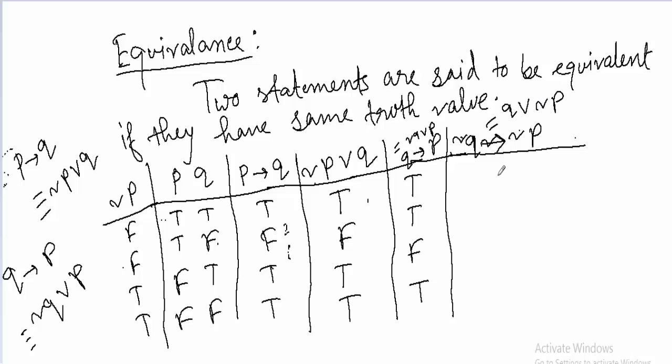Because of this equivalence, P implies Q is equivalent to not P union Q. From that we can derive that. So now we'll find the truth value of Q union not P: first, second, third, fourth, right?